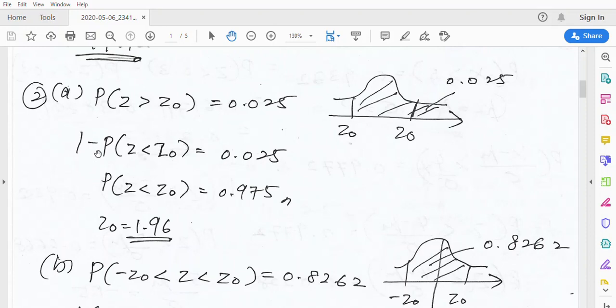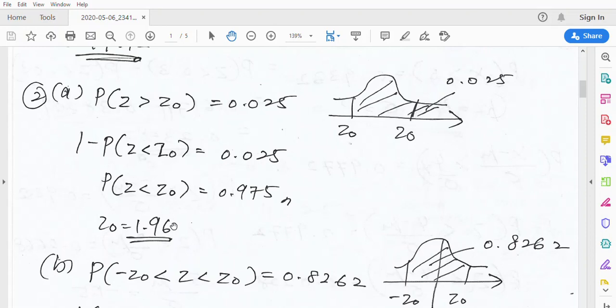So we just simply do 1 minus this value, so we will get the probability from the table. When we subtract here, we get the probability 0.975. So it is easier to find z naught. So z naught from the table is 1.96.